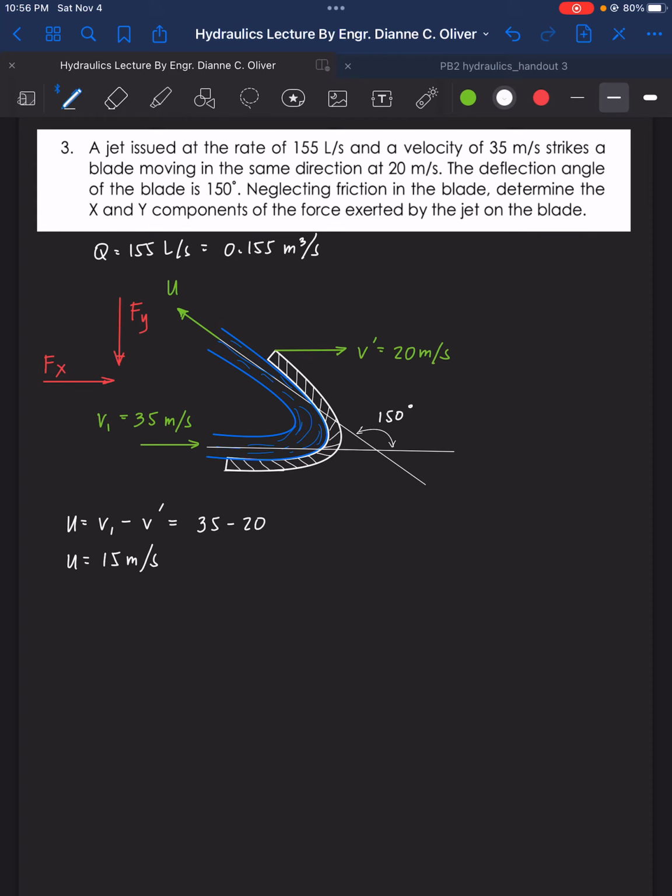Now we don't have the diameter of the jet, it's missing in the problem. But we can solve it using the given Q. From the given Q, Q1 is equal to the area and then the initial velocity. So 0.155 is equal to the area of the jet times the V1, that is 35.